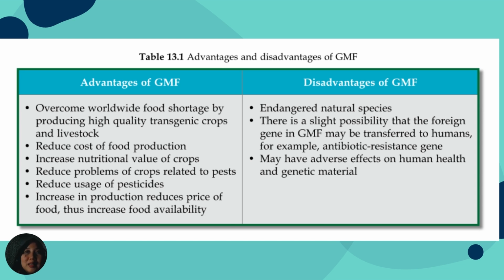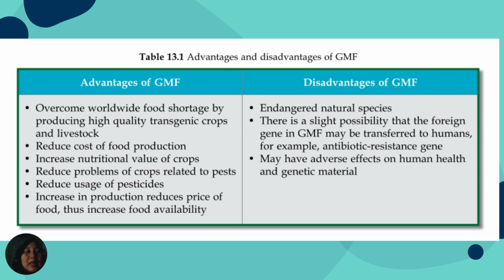Tapi bila modified, the genetic is being modified, dia lebih resistant, insect resistance. Okay, maksudnya dia lebih tahan lama, jadi kita boleh hantar makanan ni boleh digunakan oleh ramai orang. Dia tidak cepat rosak. Maksudnya kalau tahan lama, kita boleh pasarkan ke tempat lain, ke tempat yang jauh and all that.